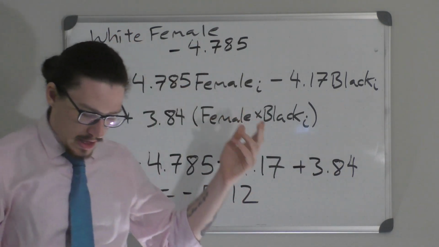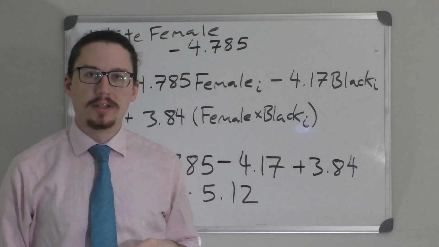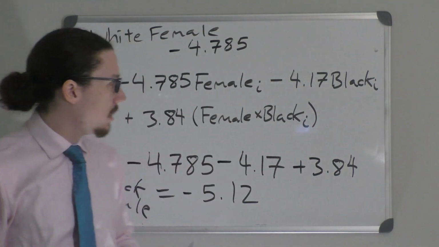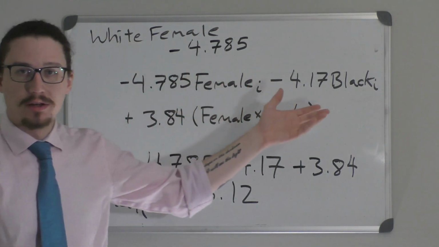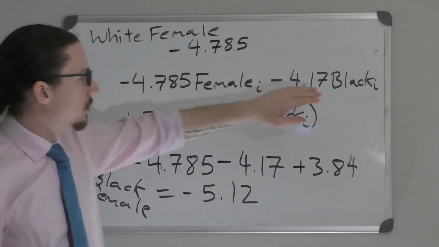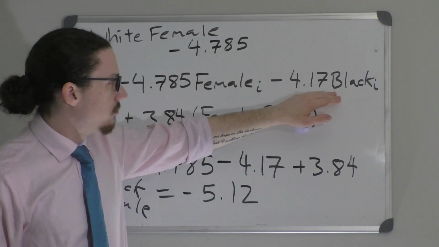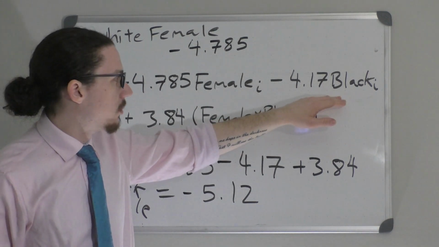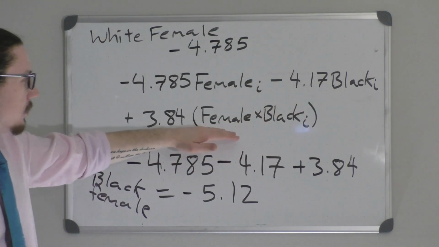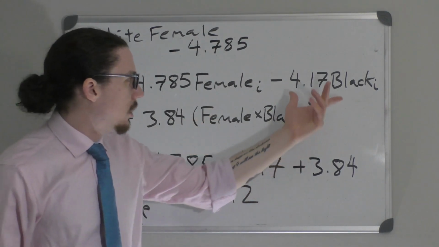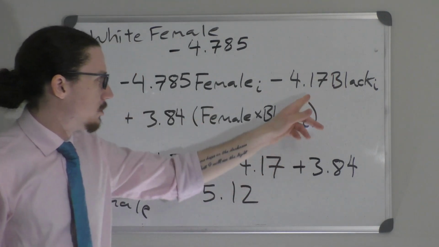And then additionally, black males are expected to make 95 cents more than black females. Again, we would find that by doing a very similar process. So female would not be included, but this negative $4.17 would be.